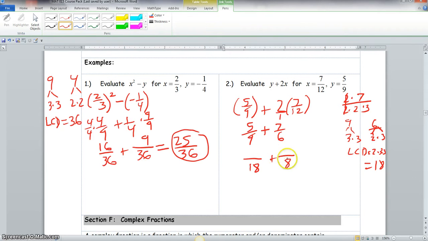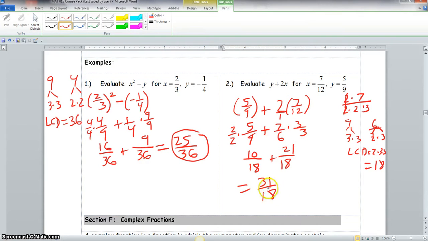So 18 divided by 9 is 2. So we'll multiply our numerator and denominator by 2. And 2 times 5 is 10. 18 divided by 6 is 3. Multiply our numerator and denominator by 3. 7 times 3 is 21. So now we add them together. 10 plus 21 is 31 over 18.